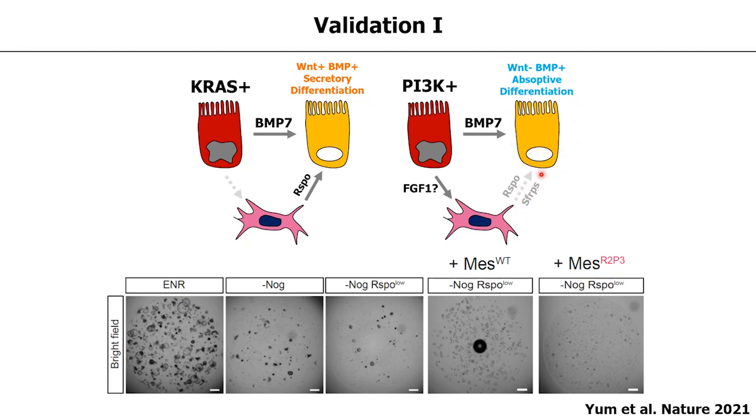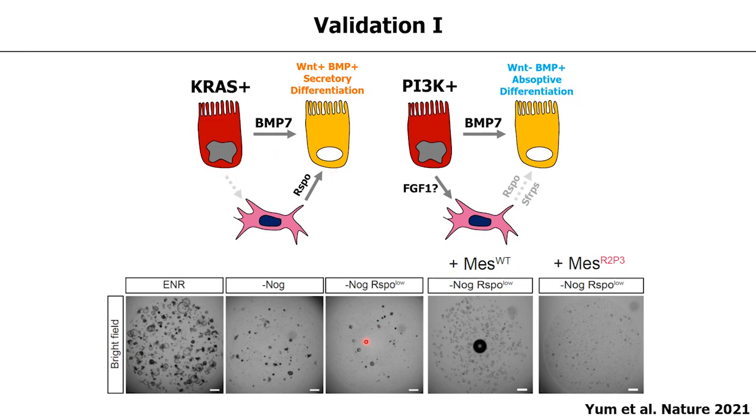To model this, we take out Noggin to mimic the BMP high condition, and Noggin and R-spondin to mimic the BMP high and Wnt low condition. And as you see, in both conditions the organoids cannot grow nicely because they are losing their stem cells, as we have observed from the yellow clones that are sitting next to the red.